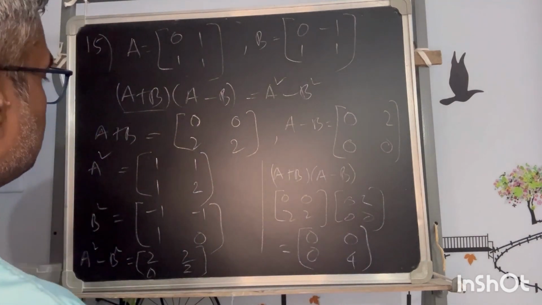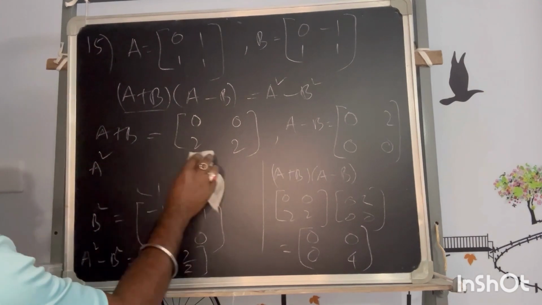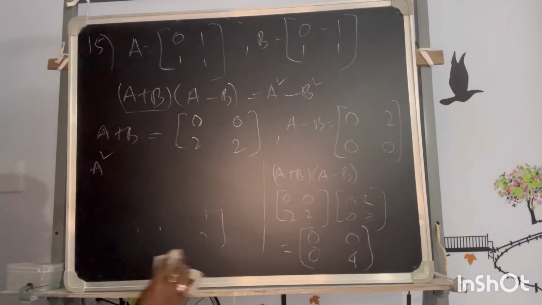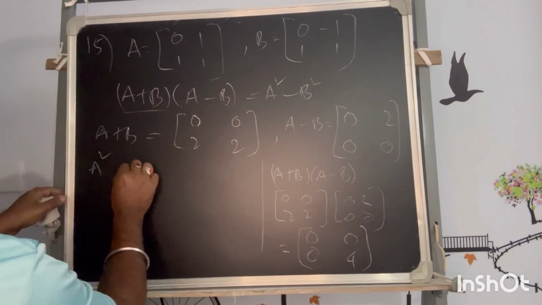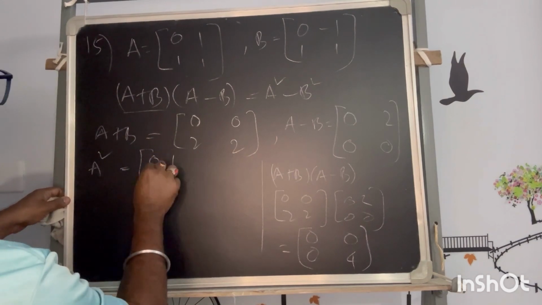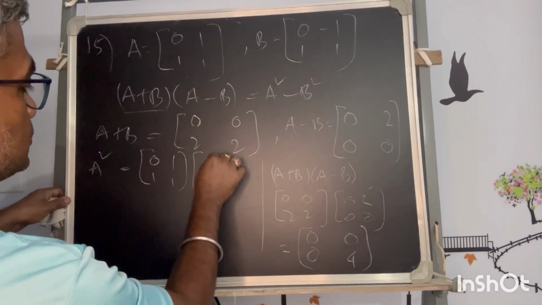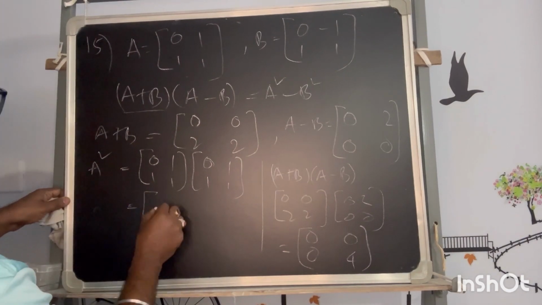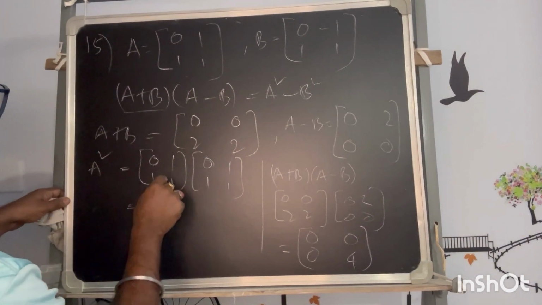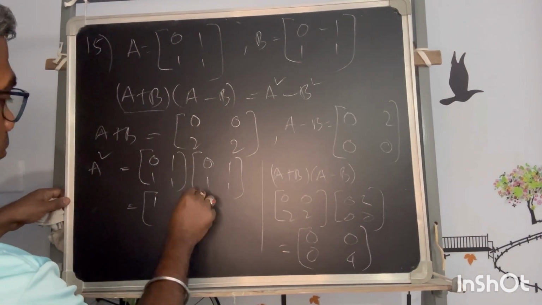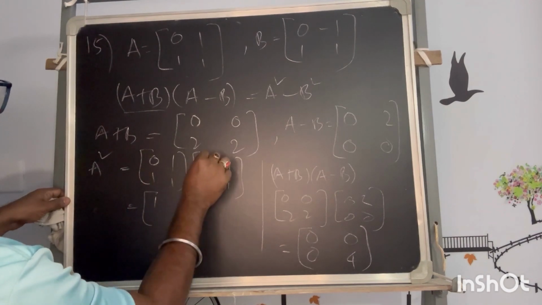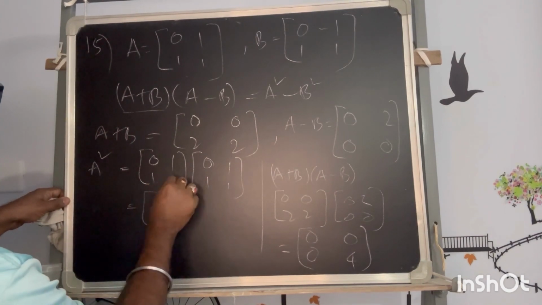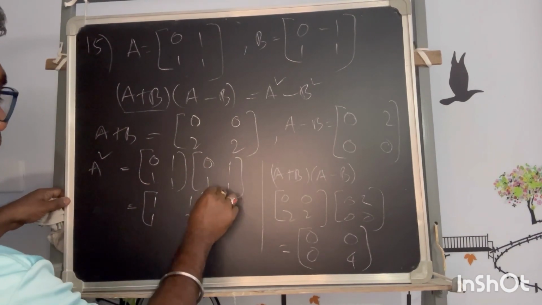This is correct. A square, let me check once how it is coming. This math we have to check once. [0 1; 1 1] times [0 1; 1 1]. So this becomes [1 1; 1 2].